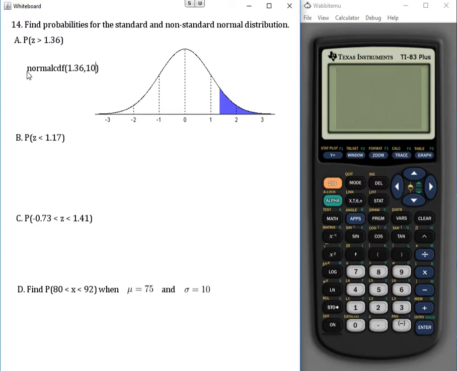In terms of z-scores, positive 10 is large enough to represent positive infinity. So when I come over to my calculator, second distribution, normal CDF, 1.36, comma 10. It calculates my probability for me. So I have 0.0869.